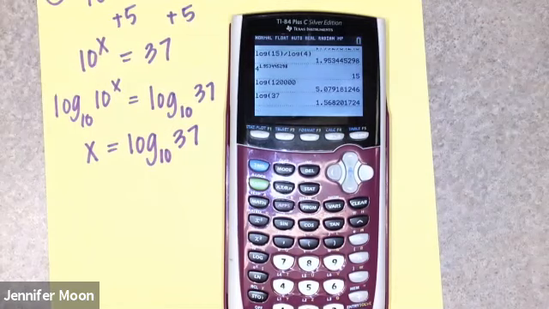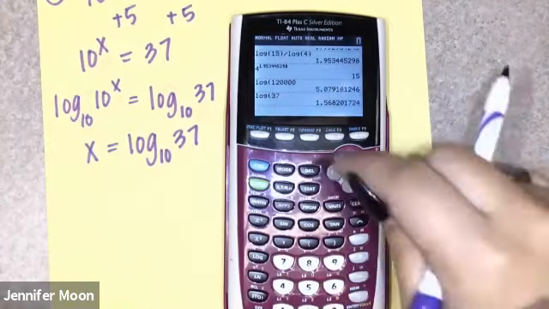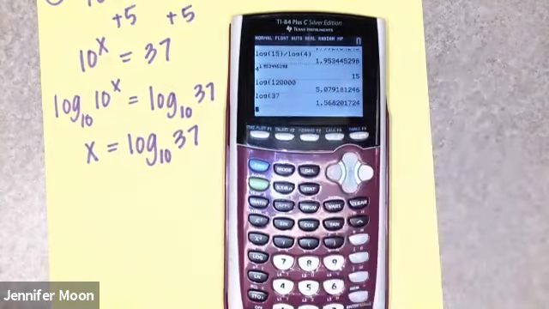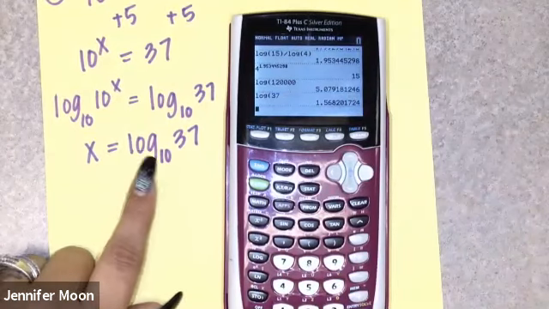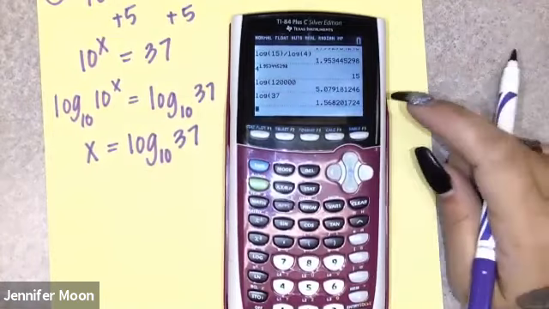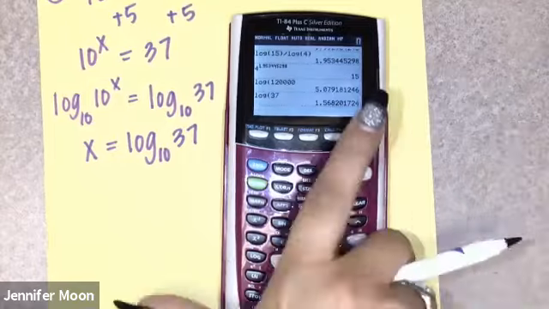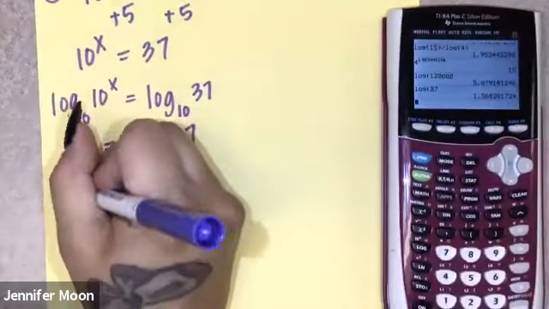When it was log base 4 of 15, I needed to do the change of form because I don't have a base in here that's 4, right? But I do have log base 10 by just hitting the log button. So log base 10 of 37, you just type log 37, enter, there's your answer. It's 1.568, rounding it to the third decimal place.